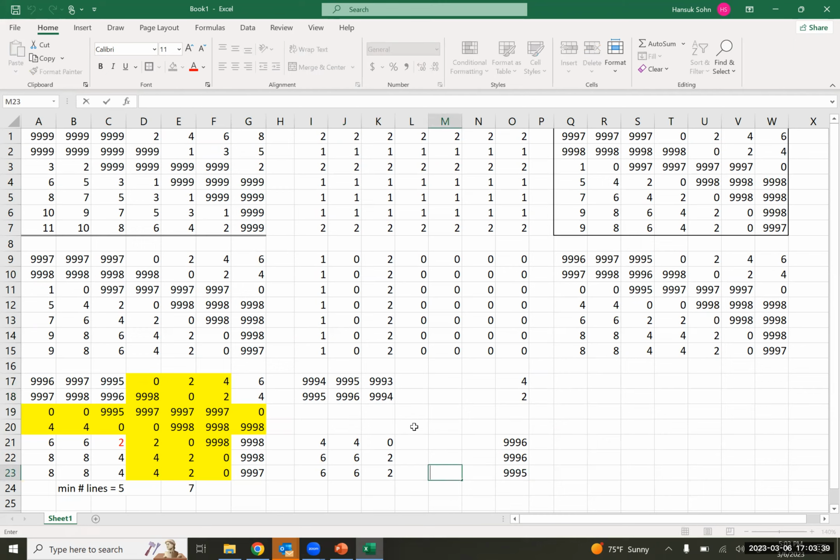Now we need to add the same amount to these 6 locations. That is the intersection area, right? Of these 5 different lines. So here you're going to have the original value plus the minimum unlined cost, which is 2. Okay.